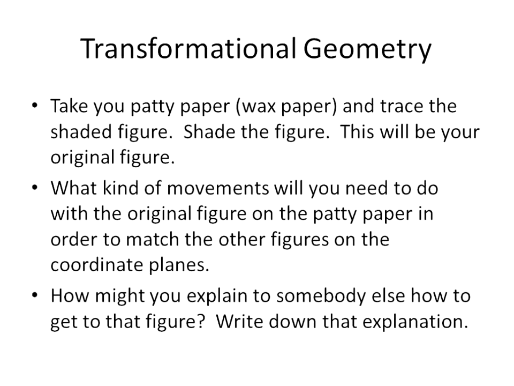We're going to take our patty paper or wax paper and place it on top of the very first coordinate plane. And we're going to trace the shaded figure, because that's going to be our original figure. So just trace over the top of it and then shade it in with a color of some sort so we know that that's the original figure. There's colored pencils in most of the boxes.